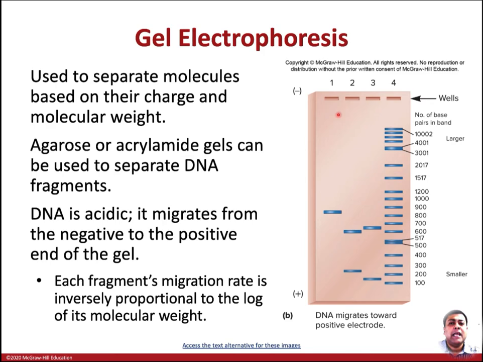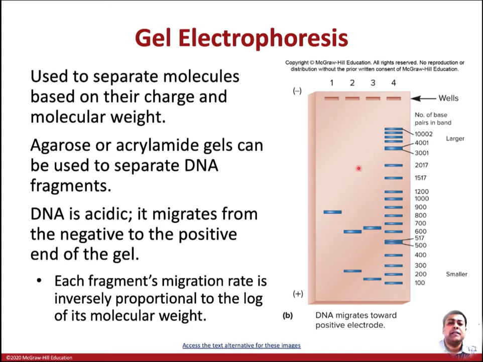That means they allow smaller molecular weights to migrate faster compared to higher molecular weights, and the migration rate is inversely proportional to the log of the molecular weight. What do we mean by that? The fragments that migrate furthest are smaller in molecular weight, and those staying towards the top are higher molecular weight.